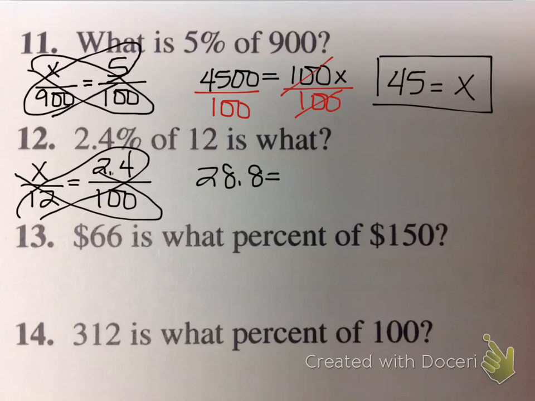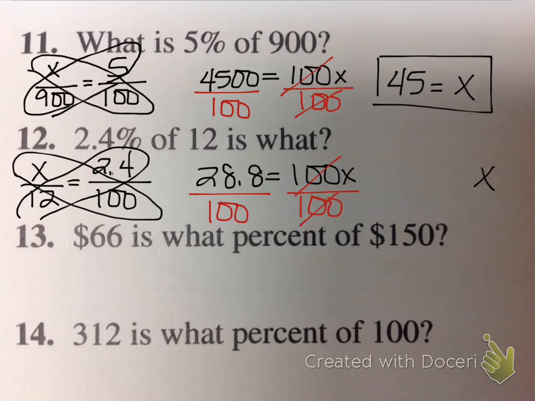That's going to equal my 100x. Divide both sides by 100. That's going to give me x on the right and 0.288 on the left. So 0.288 is my answer.